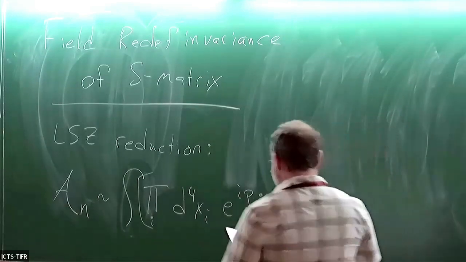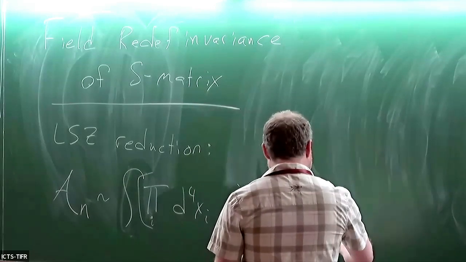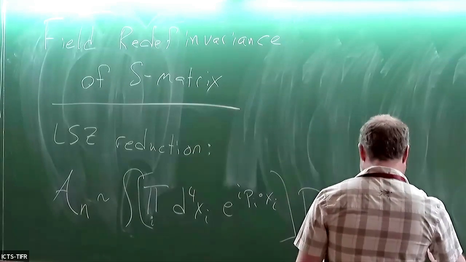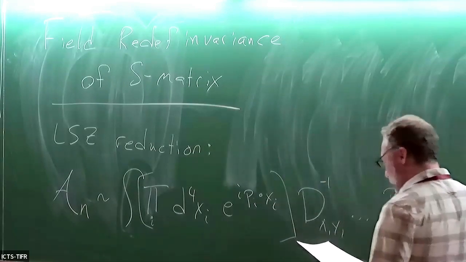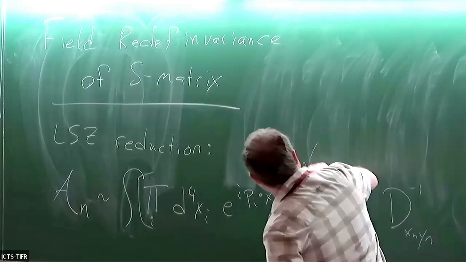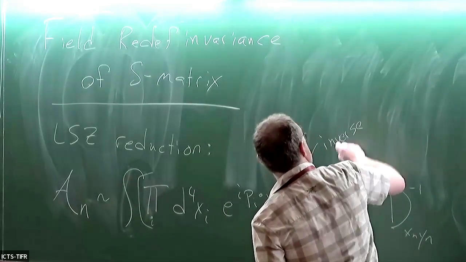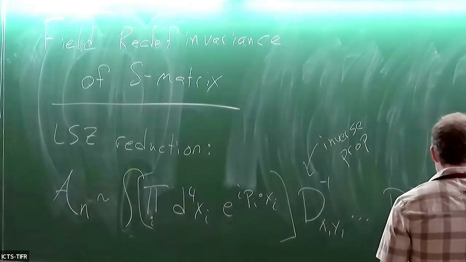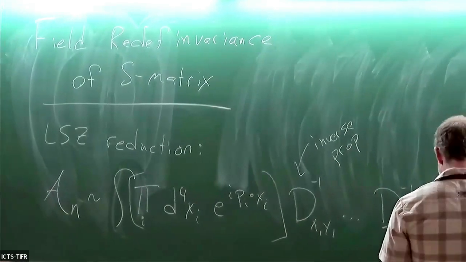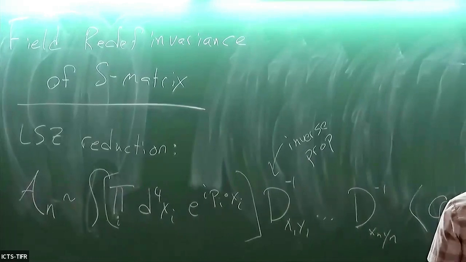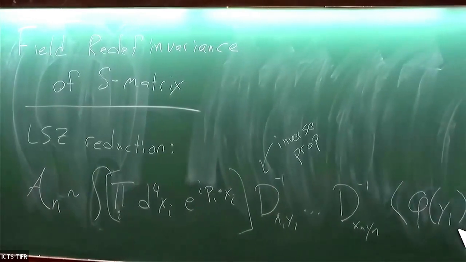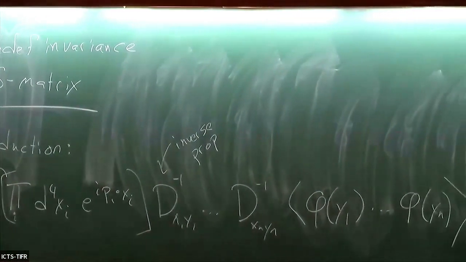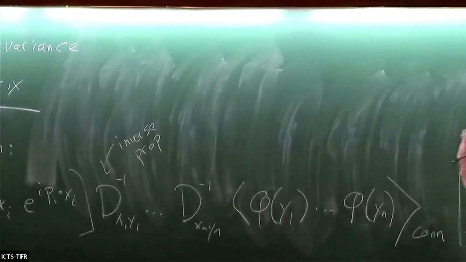And then we weight this by inverse propagator factors, where these are inverse propagators in position space. And then we extract the non-trivial information from the connected correlators, okay, which we get from the path integral as follows.